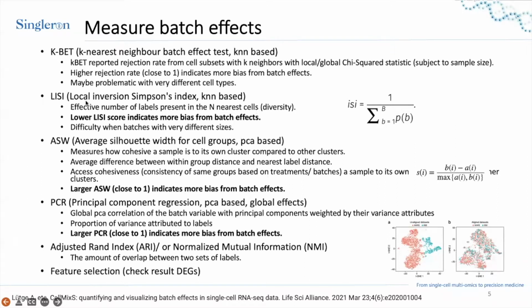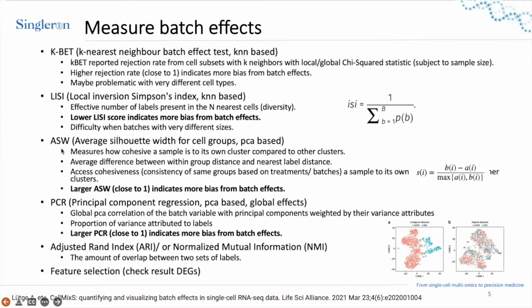The local here means it fits a Gaussian kernel to calculate the final LISI matrix. It does have some difficulties when the batches are very different sizes, so it may return some biases if the proportions are very different for different batches or samples.